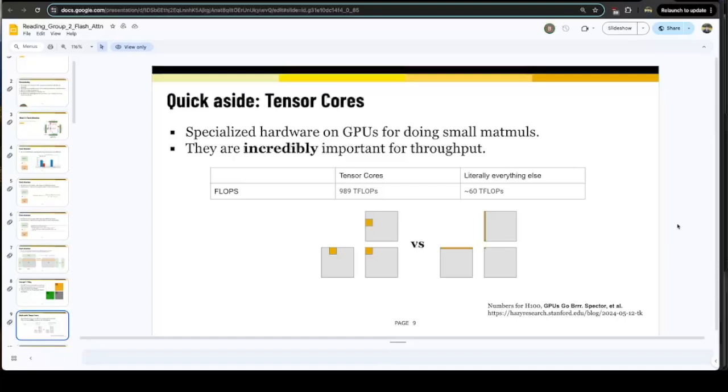Which is why, when we're going through this paper and when Daniel's going through his implementation later, you're going to see that everything is done as a block and there are no long skinny things, that everything is done start to finish because you want to get that tensor core performance. So really, for me, flash attention is all about how do we maintain our tensor core performance while dealing with this annoying softmax. All right, next slide.